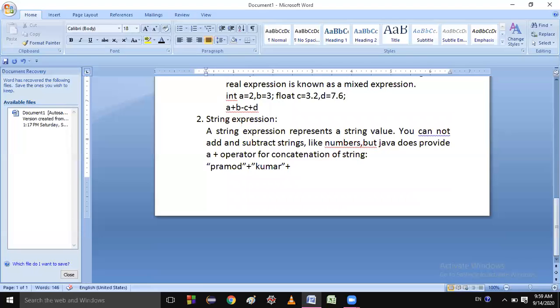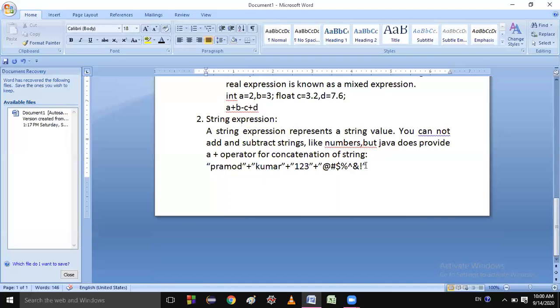You can also write 1, 2, 3 in a string. Anything written in double quotes is called a string. I can write @, #, $ like this; all of these behave as a string because they are written in double quotes, so they will be added.